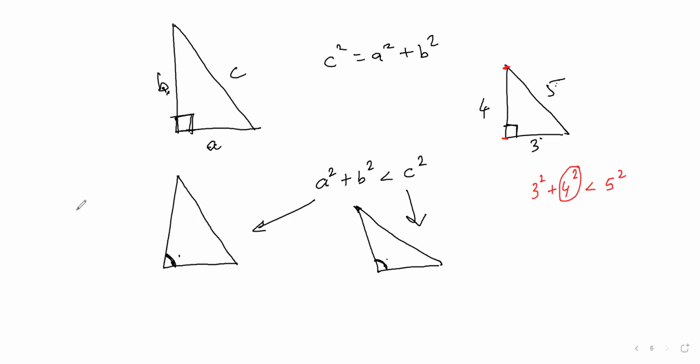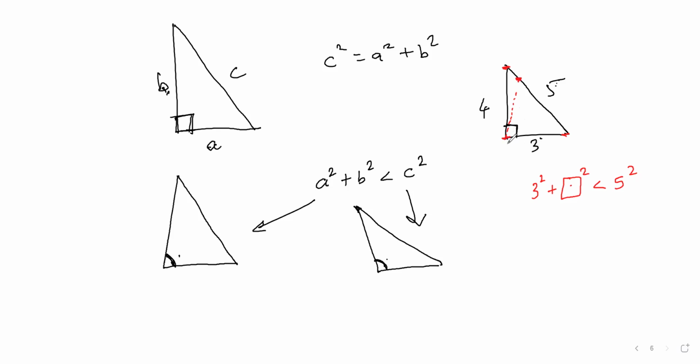So it'd be incorrect of me to say 3 square plus 4 square is lesser than 5 square. So let's say 3 square plus some number square is lesser than 5 square. Now that number cannot be 4. It has to be lesser than 4. And if my 5 is constant and 3 is constant, then clearly this value will have to be something smaller than 4.